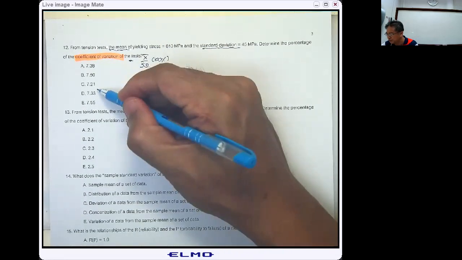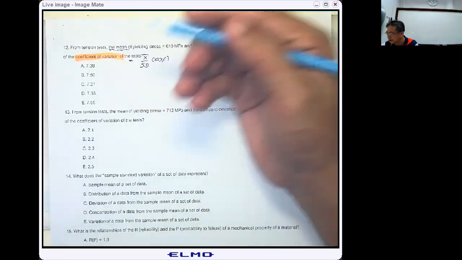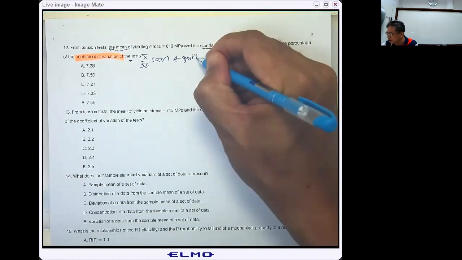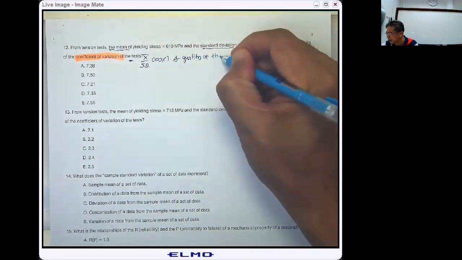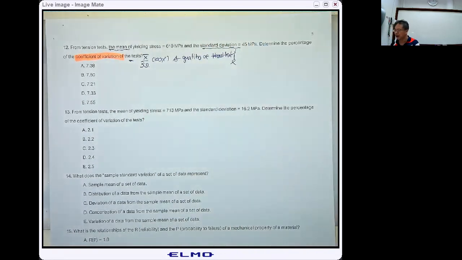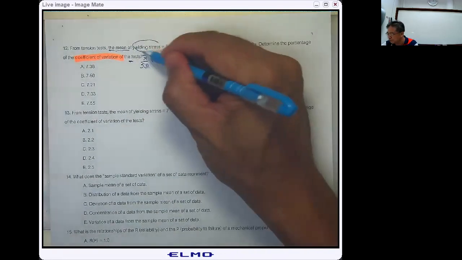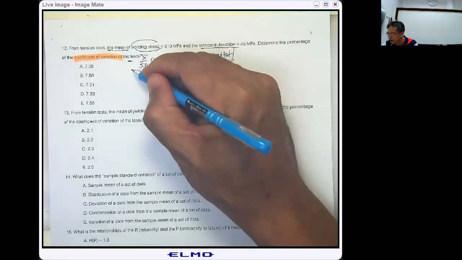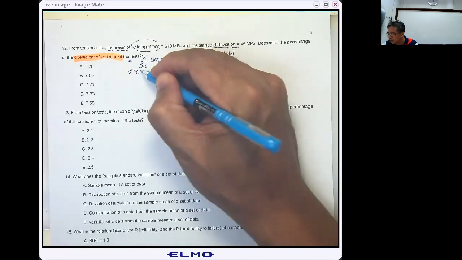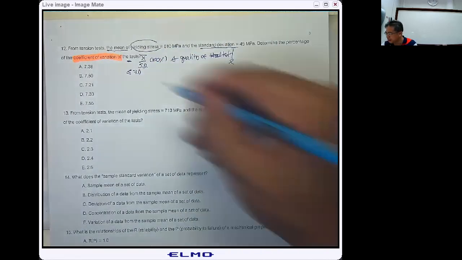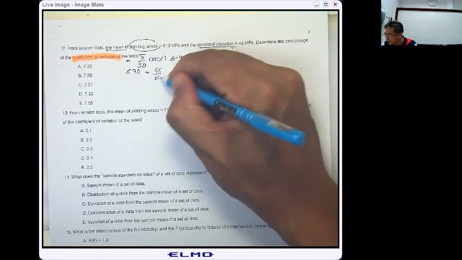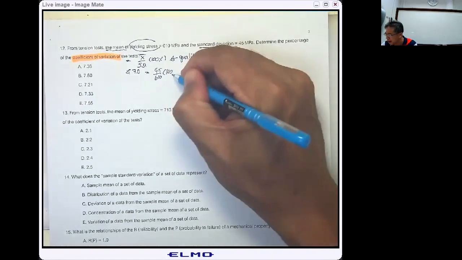This is going to show the quality of the test. For this kind of yielding stress, the coefficient of variation is supposed to be less than or equal to 7.0. If you compute this, you're going to get 45 divided by 610 and then times 100%.